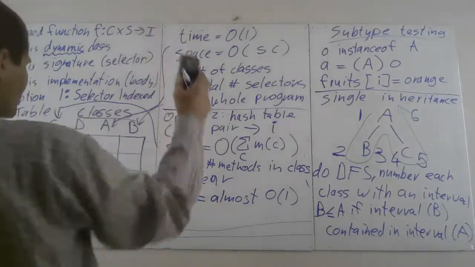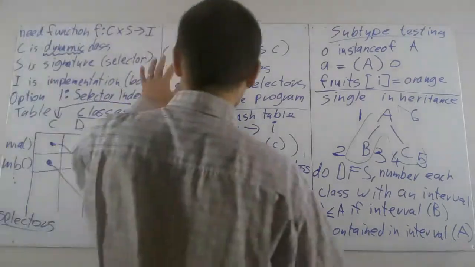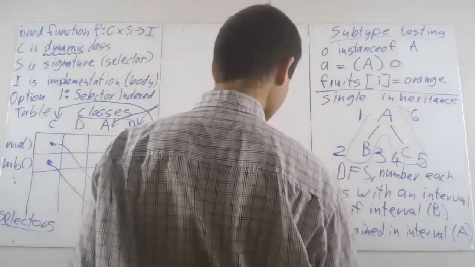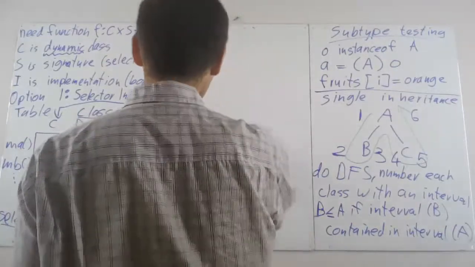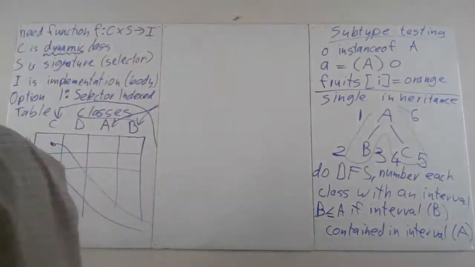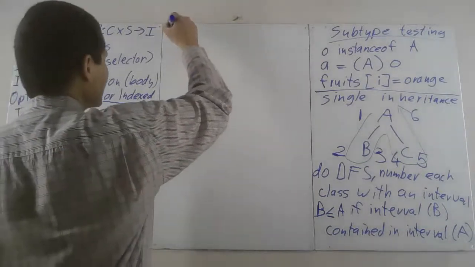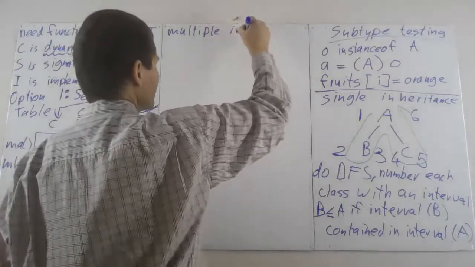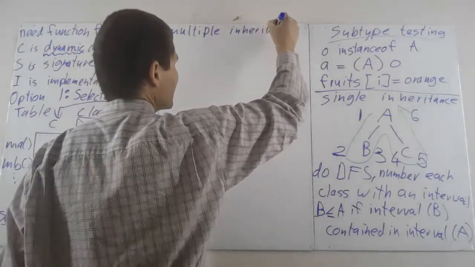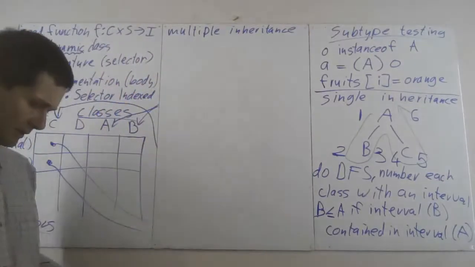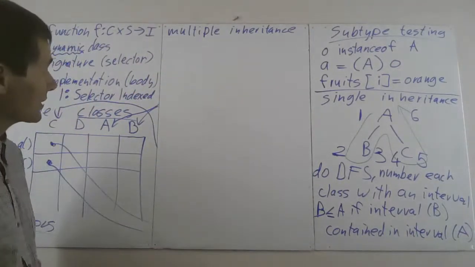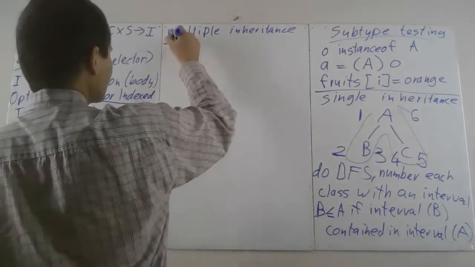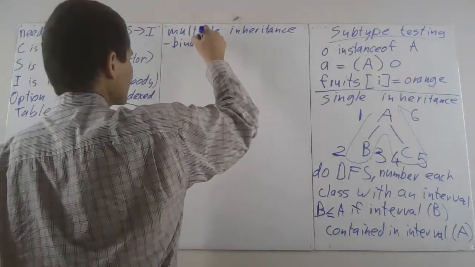So what about multiple inheritance? Well, with multiple inheritance, one thing you can do is create a binary matrix.